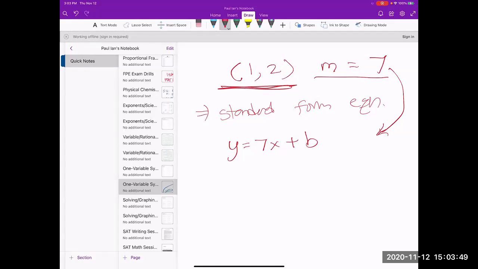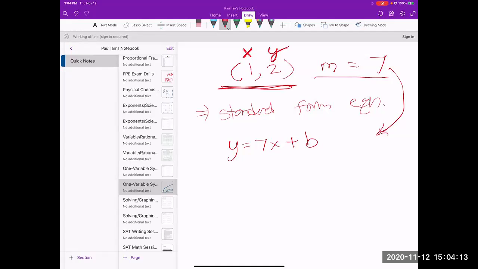So what would you do to get b? Subtract it on both sides. Yeah, but before we do that, what can you do with this coordinate? You can just plug in the coordinate and then solve for b, right?